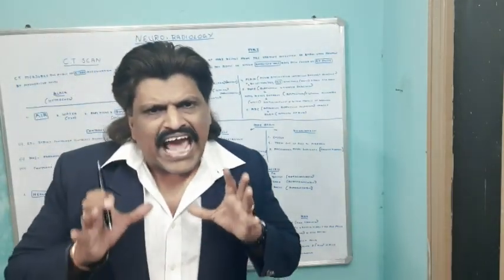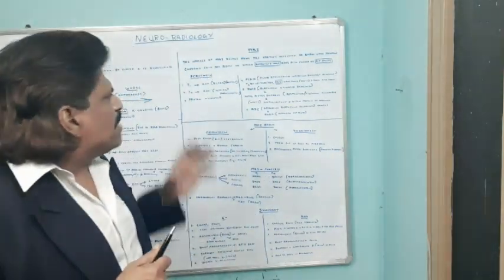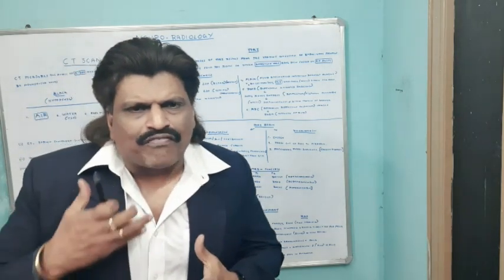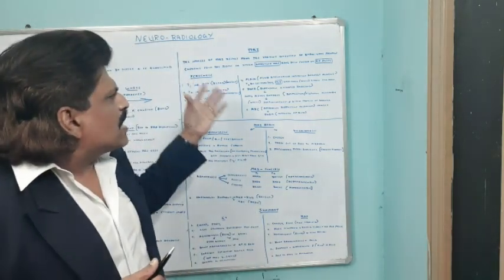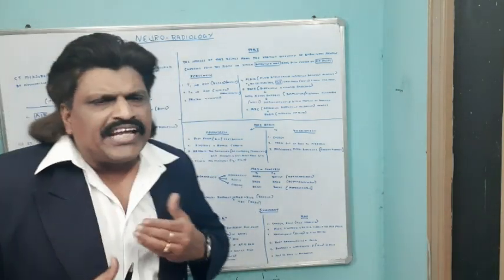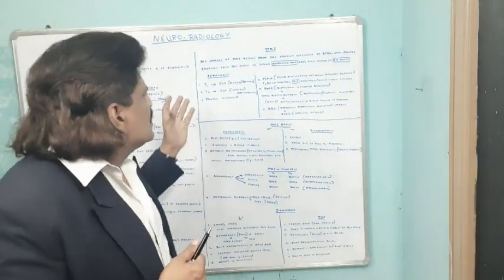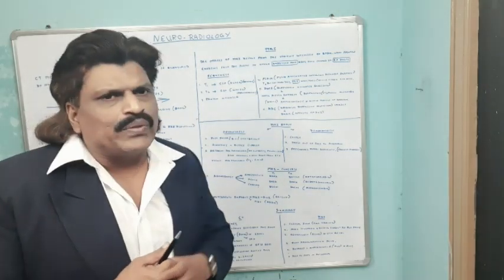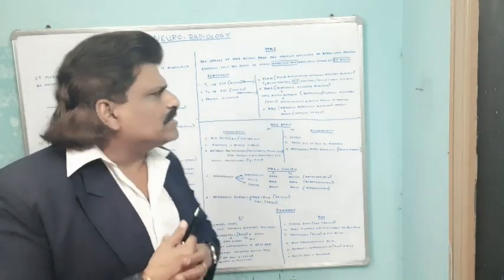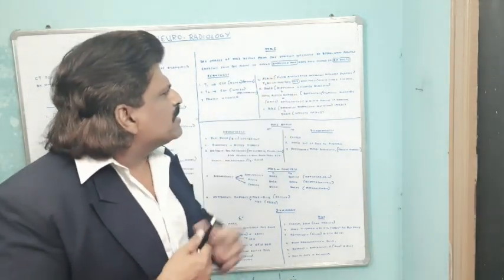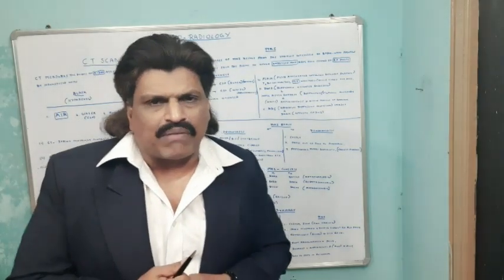Now let's see MRI. The images of MRI result from the varying intensity of the radio wave signals emerging from the tissue in which the hydrogen ions have been excited by RF pulse.